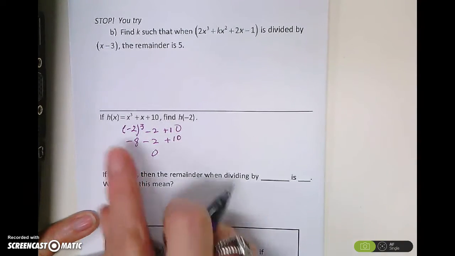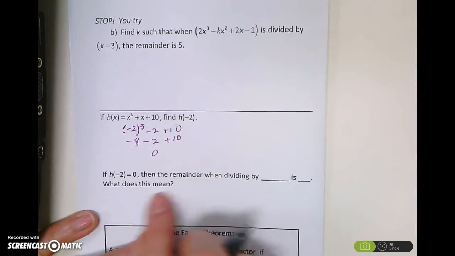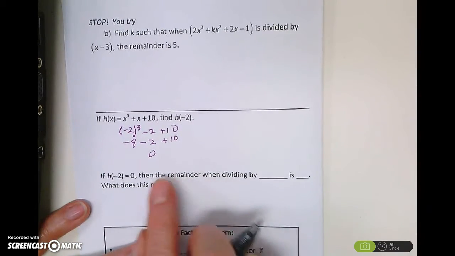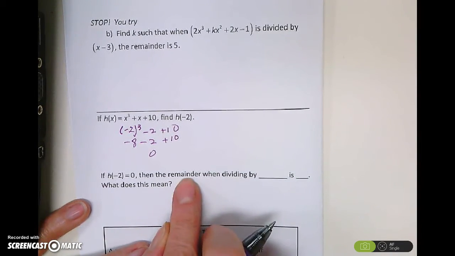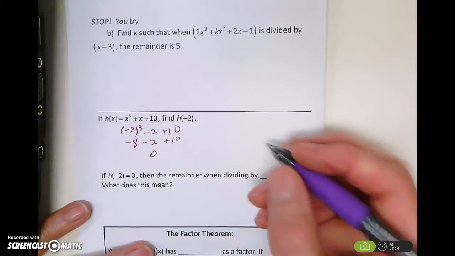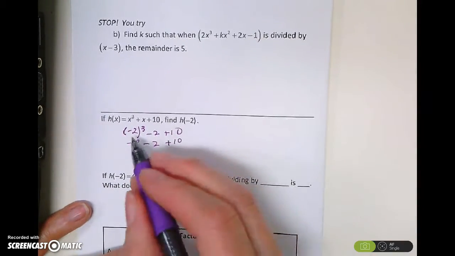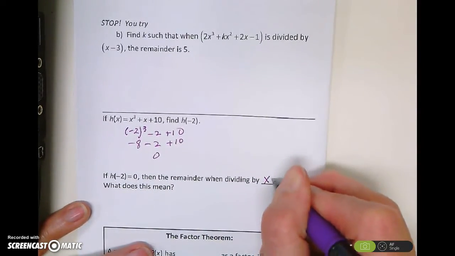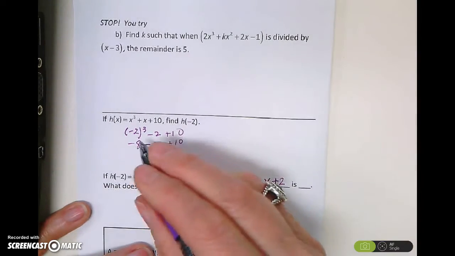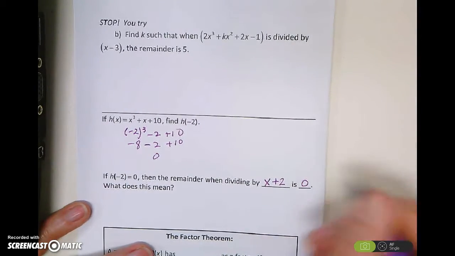If h of negative 2, which is what we just did, is 0, then the remainder, so my theorem said that the remainder when dividing by, what would we be dividing by if we plug in negative 2? We're dividing by x plus 2. So remember, these are always the opposite, is 0.